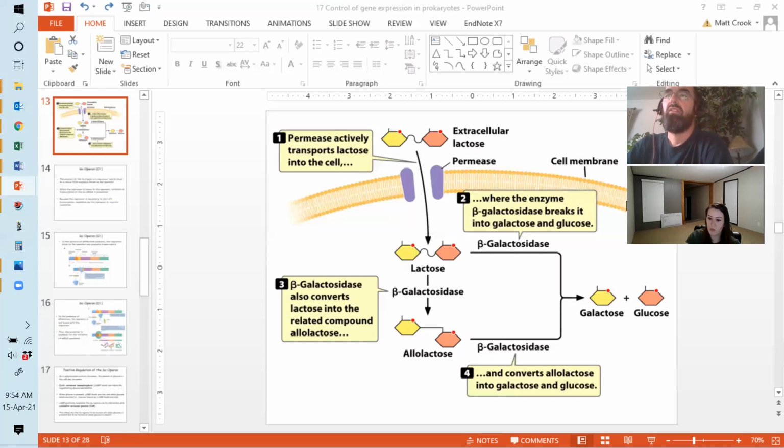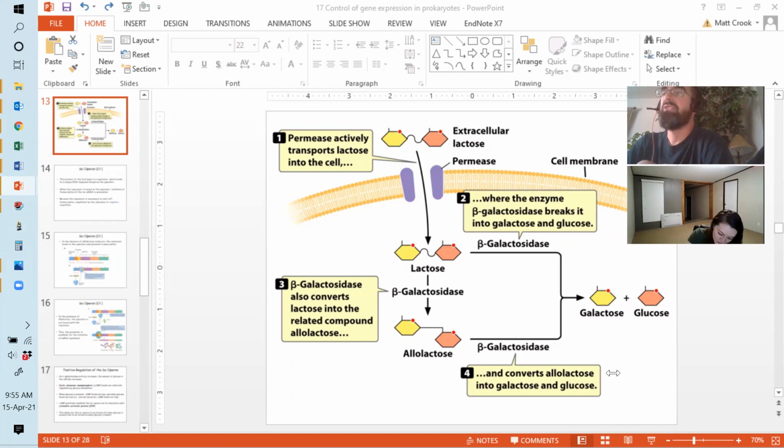So high levels of cyclic AMP lead to high levels of transcription of the lac operon. Right, so exactly. I'll just add a little bit to that. You were right, Tanya. I just added a couple of little bits of information to make it even clearer.